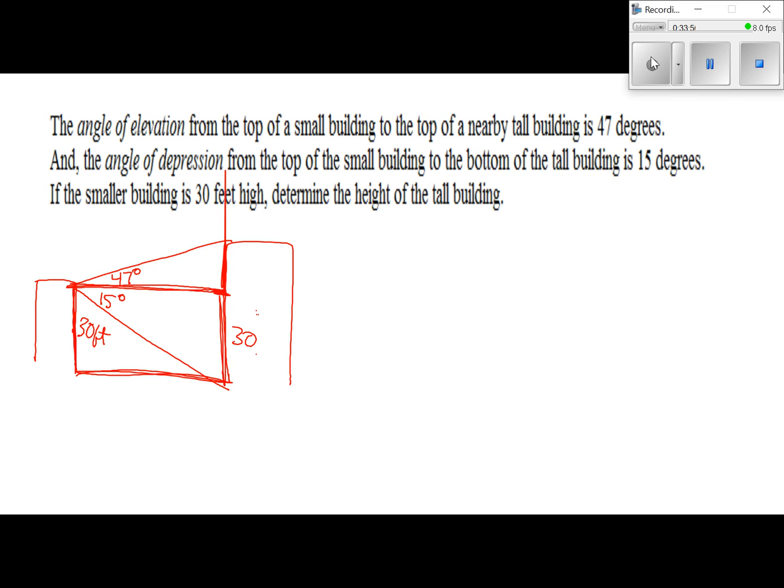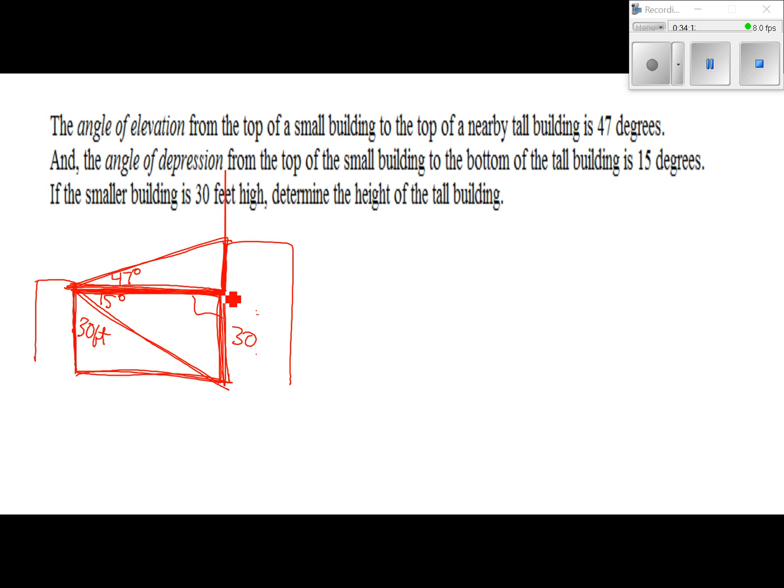So if we use this triangle, we know this 90 degrees hopefully. We can use that triangle, and we know this side's 30, and we can find the length of this side, which is part of this top triangle. Then we'll use it to figure out what this part is.